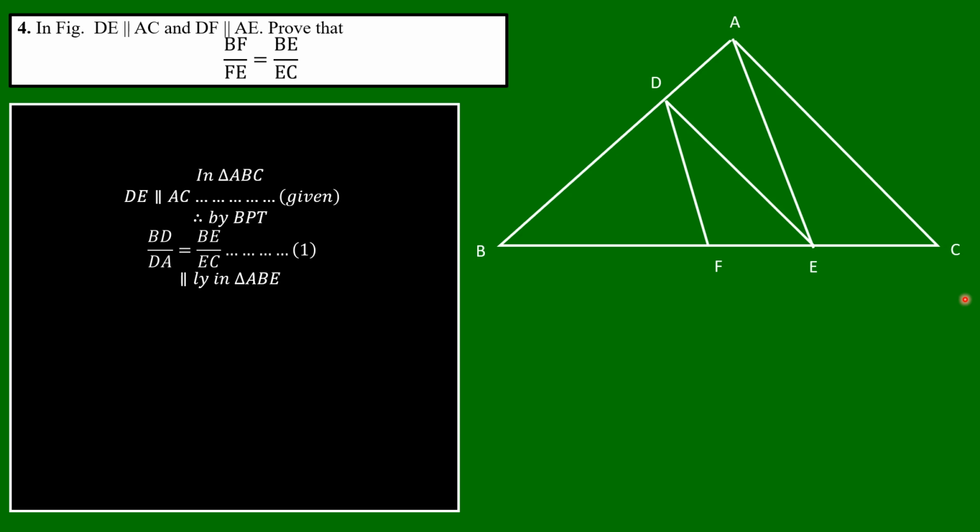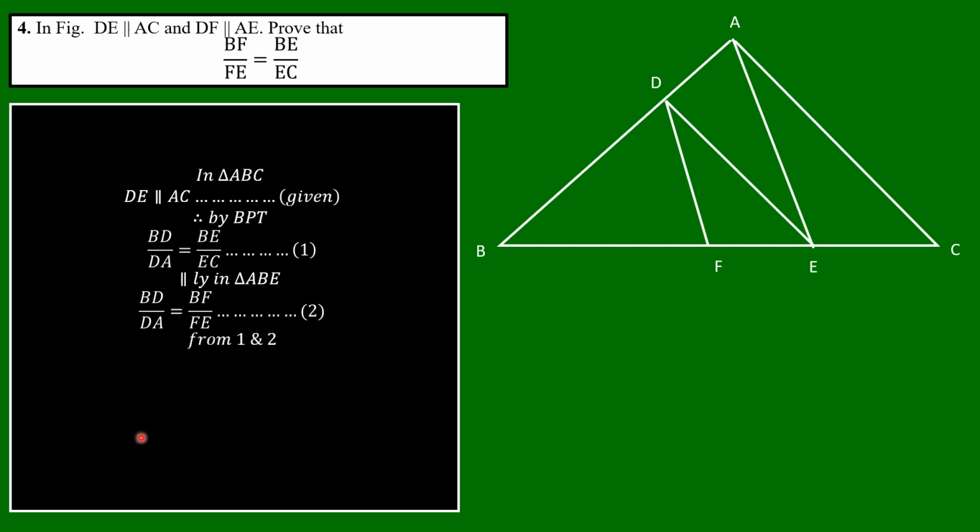This is equation 1. Similarly in this triangle ABE, this DF is parallel to AE, so this will divide the two sides in the same ratio. That means BD upon DA is equal to BF upon FE. This is equation 2.